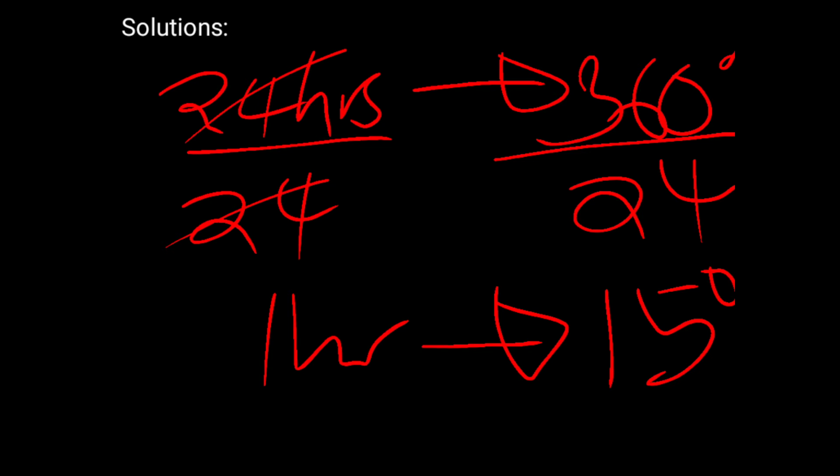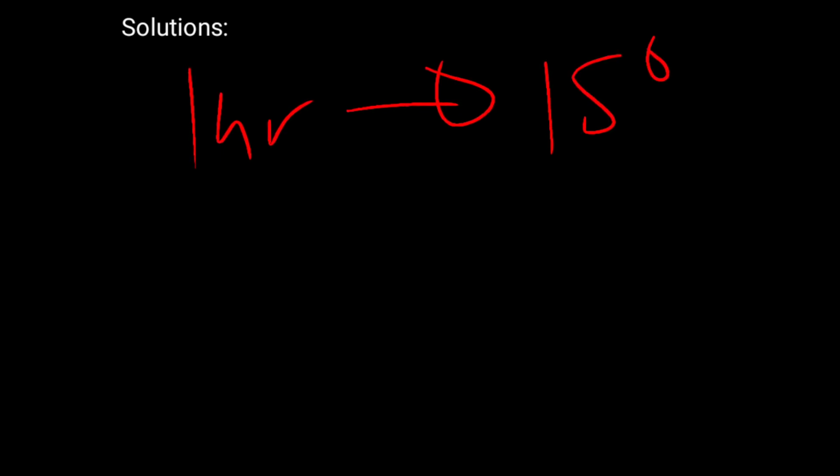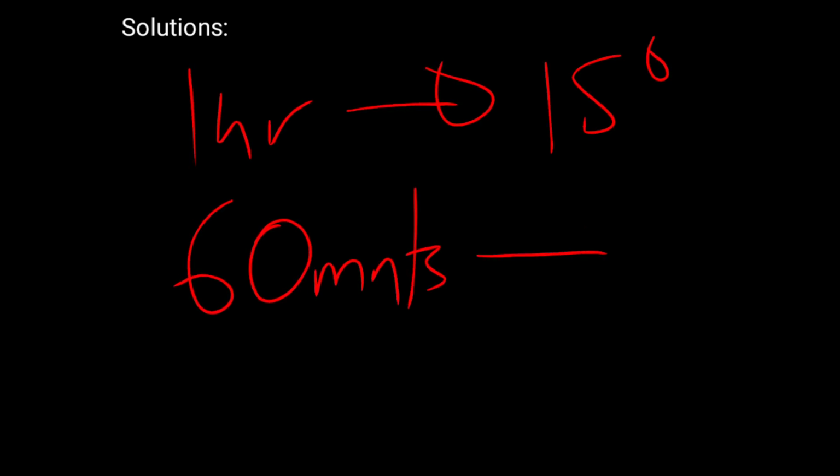Now, let's try and see how we will convert this into minutes. So we know that 1 hour is equivalent to 15 degrees. 1 hour, in minutes, is 60 minutes, equivalent to 15 degrees.